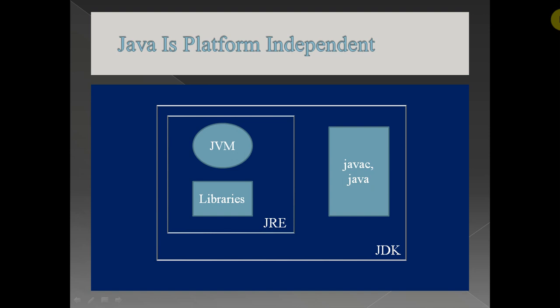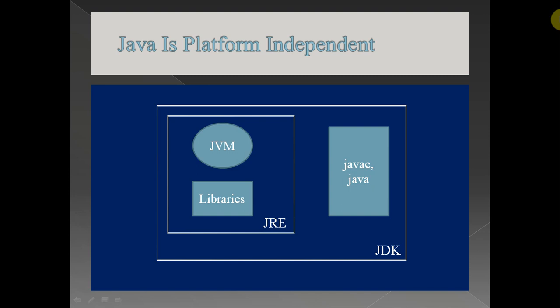Now this is the execution part. The compiler only does the conversion part. It can convert the Java code into bytecode. Now we have to run the code, execute the code. For execution, there is an abstract machine known as JVM, Java Virtual Machine.